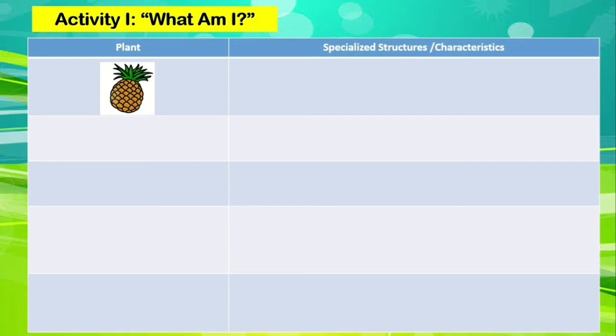First plant is a pineapple. What do you think are the specialized structures of a pineapple? Pineapple has spines in their leaves. If you answered like this, you're correct.